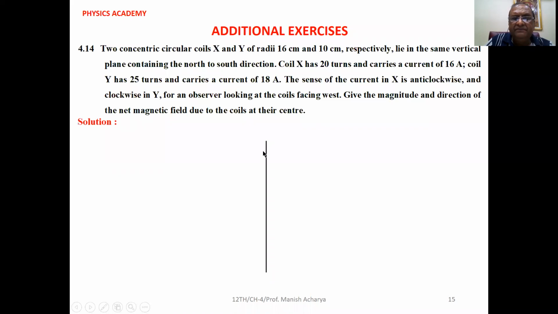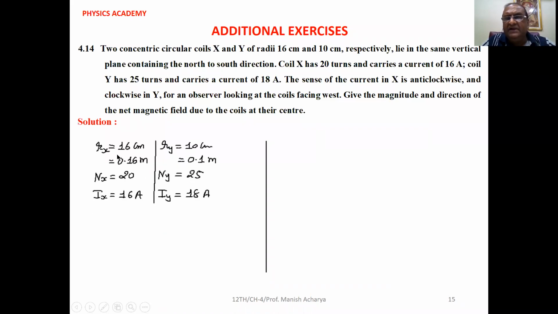Now see here, the radius of coil X and Y are given to you, 16 centimeter and 10 centimeter. So we can take radius of X, Rx, that is 0.16 meter, radius of Y, Ry, that is 0.1 meter.